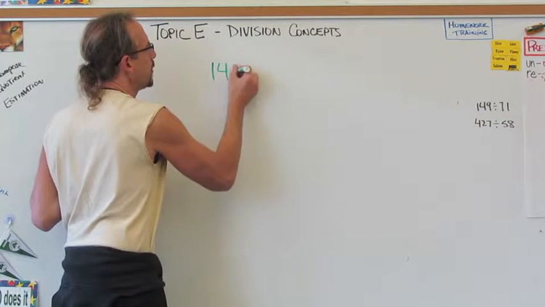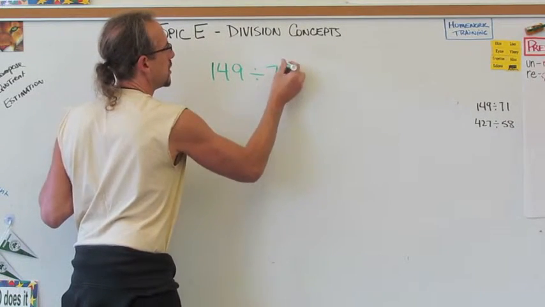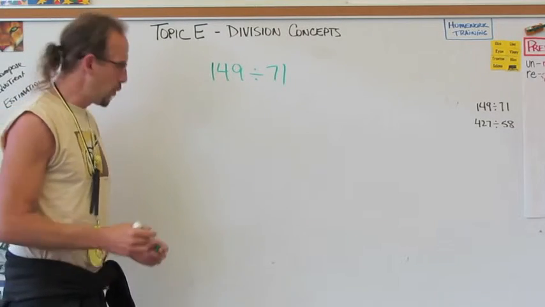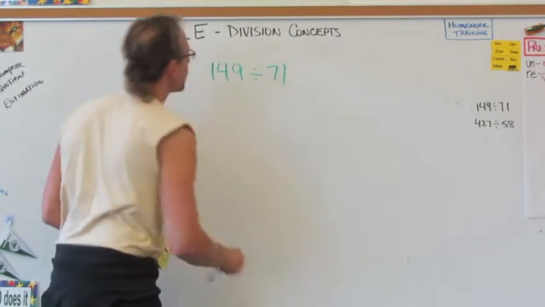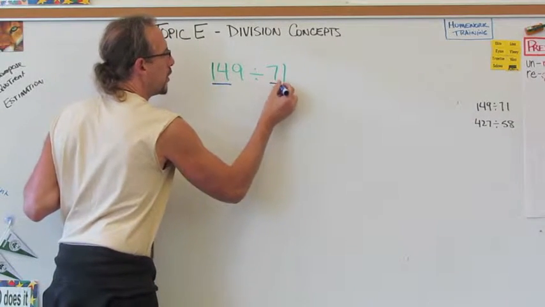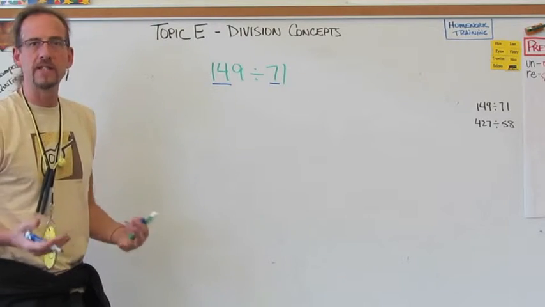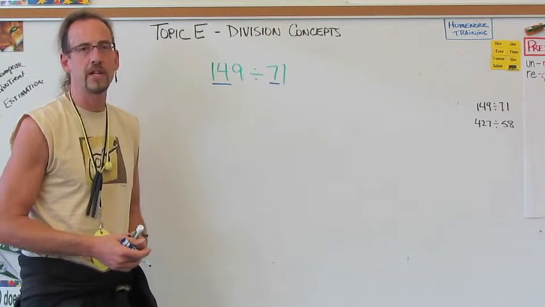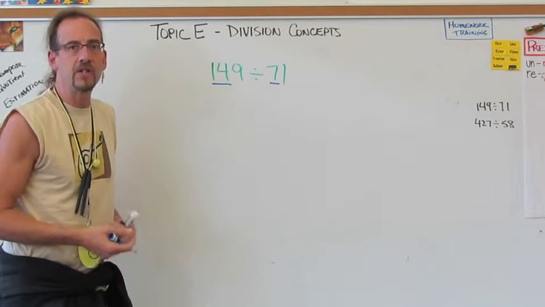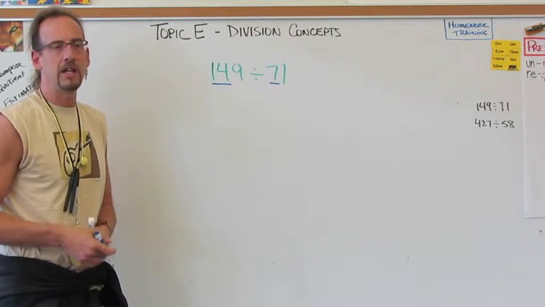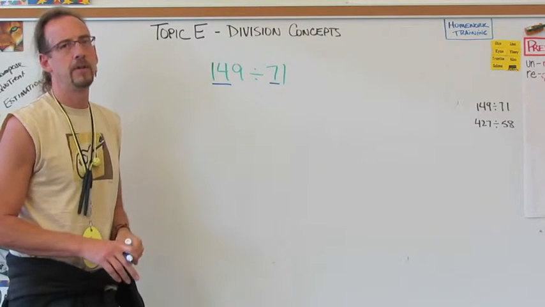So taking a problem such as 149 divided by 71, what we want them to see is this connection right here. We want them to find a basic fact. This is why it's so important that your kids know their multiplication facts cold. If they don't know them, they're not going to recognize that connection, and they really need to memorize them now.